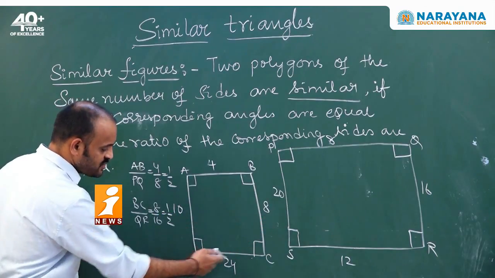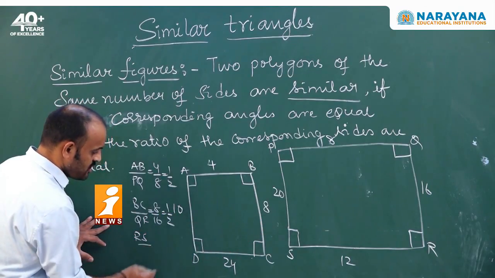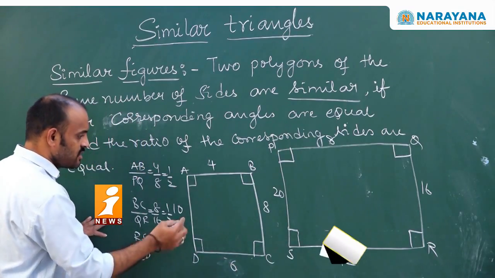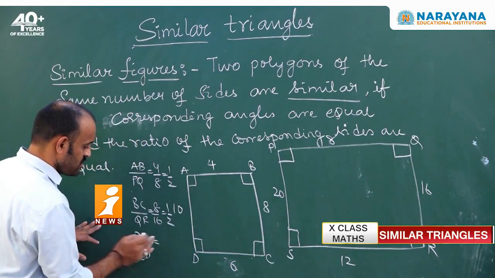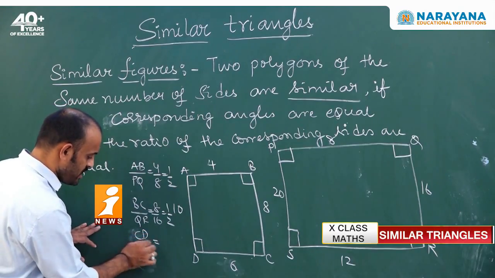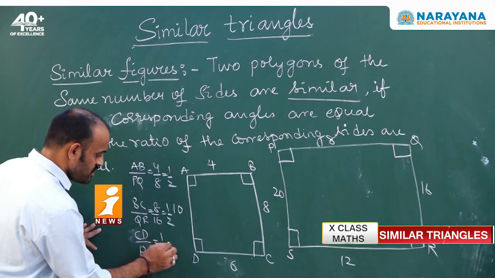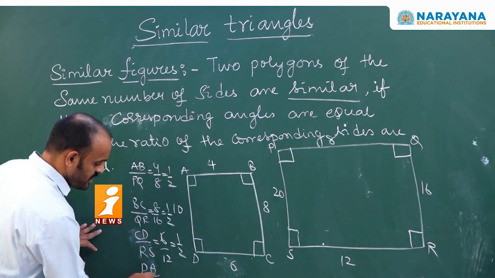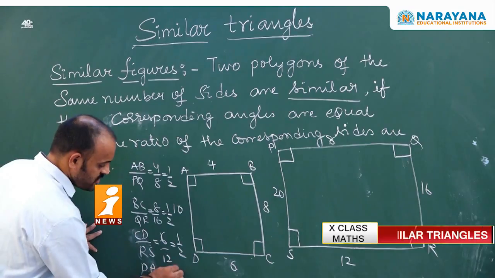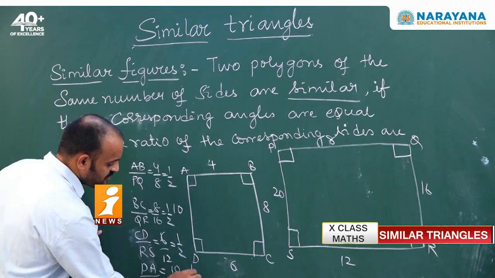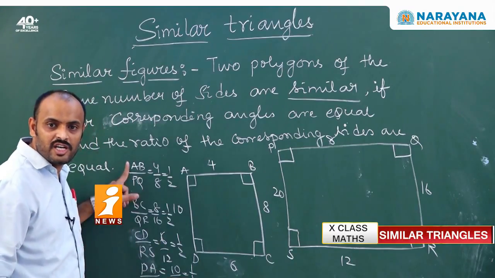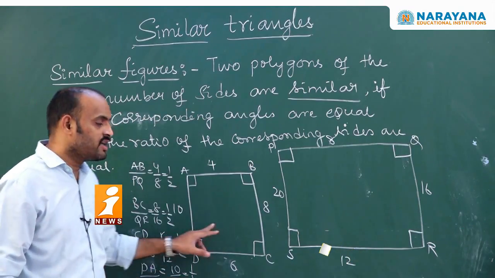CD by RS, sorry, this is 6, CD by RS which is 6 by 12 which is 1 by 2, and DA by SP which is 10 by 20 which is half. See, all the 4 side ratios are equal, the ratio of the corresponding sides are equal, then the figures are said to be similar.